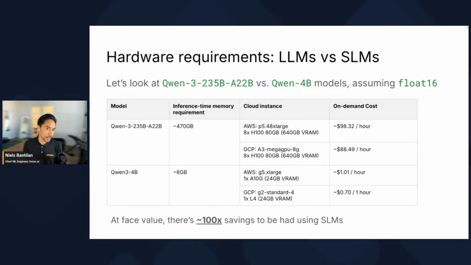If you assume float16 precision for the weights of the model, the inference time memory requirements for the larger model are about 478 gigs, and the memory requirements for the smaller one are about 8 gigs. And if you look at the AWS and GCP instances that would be able to fit these at inference time, you can see roughly at face value, there's about 100x savings to be had using SLMs.